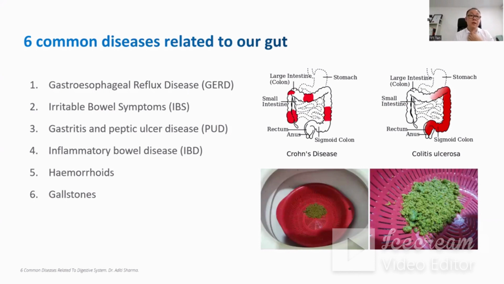If you have this, you may perform a test for H. pylori, a blood test marker to check whether you have an H. pylori infection or not. If you have an H. pylori infection, the H. pylori will keep on attacking your gastric wall.